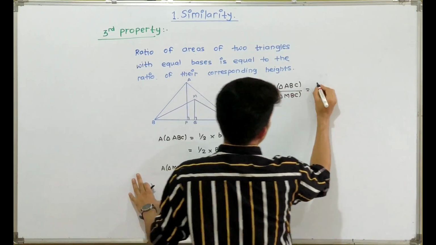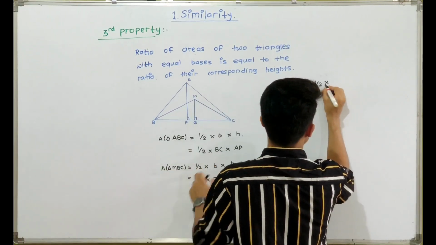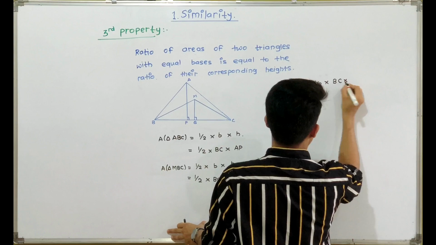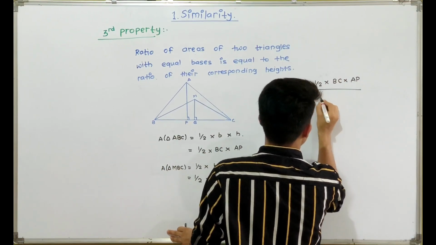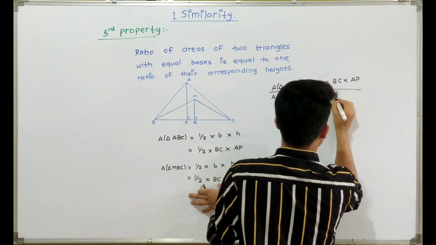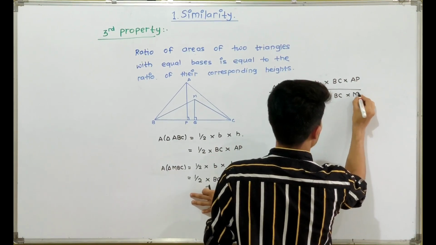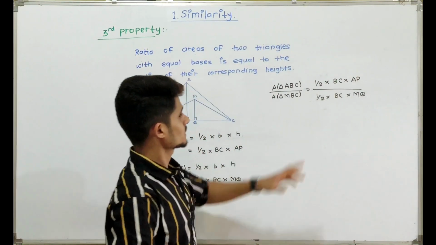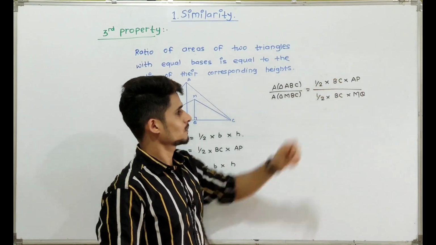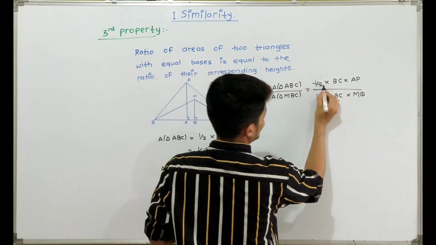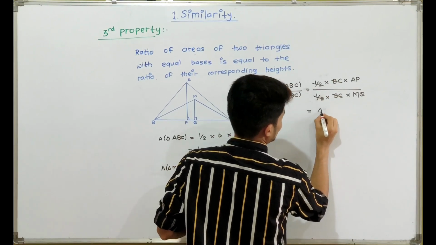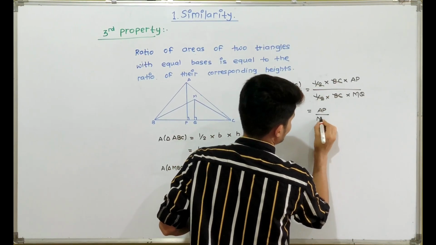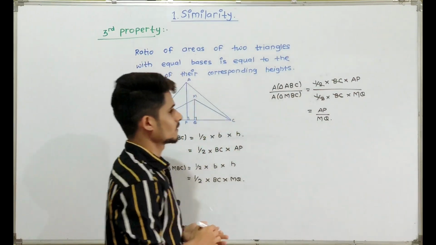We'll substitute the values: half into base BC and height AP, similarly half into base BC and height MQ. As you can see, half is common and the base is common, so we'll eliminate them, and AP upon MQ is the remaining value.